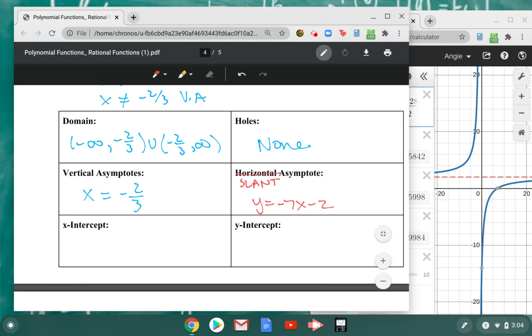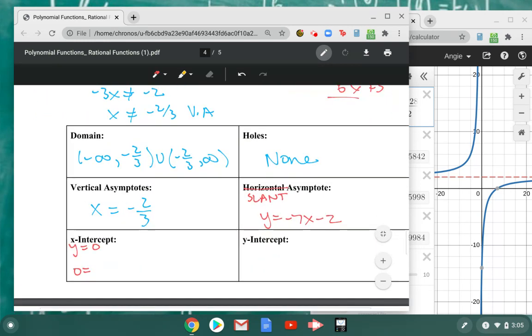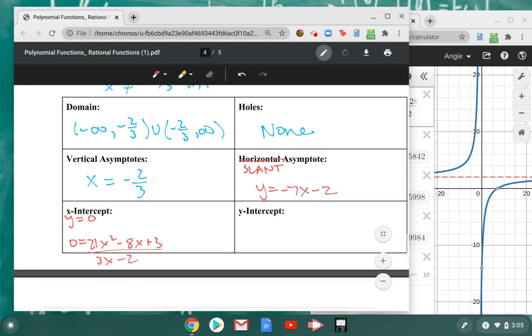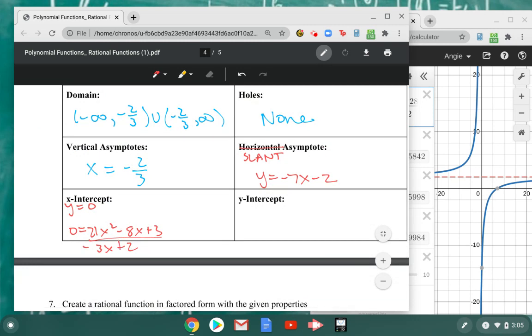Okay, x-intercept. We find that by letting y equal 0. So 0 is equal to my original function, 21x squared minus 8x plus 3, and then in the denominator, it was 3x minus 2. Let's see if I remembered that right. Yep, negative 3x plus 2. So close. I'm going to cross multiply, which means I lose this. So I end up with 0 equals 21x squared minus 8x plus 3.